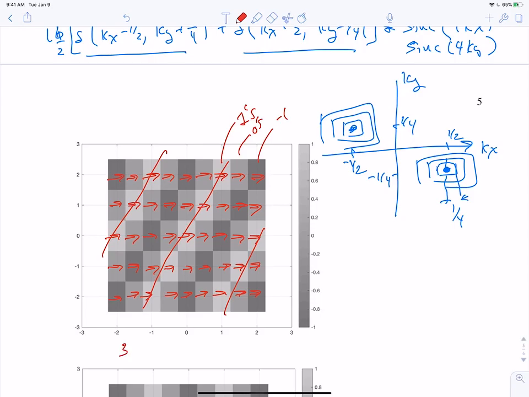That gives me 3 plus 5 plus 3, right? So this is a 3, 5, and a 3. And then I get a minus 1 here, a minus 5 here, another minus 5, and then another minus 1. Is that right? Okay. So what do I get at the end? I get 11 minus 12 minus 1.